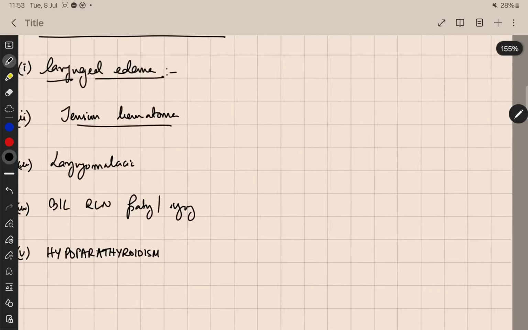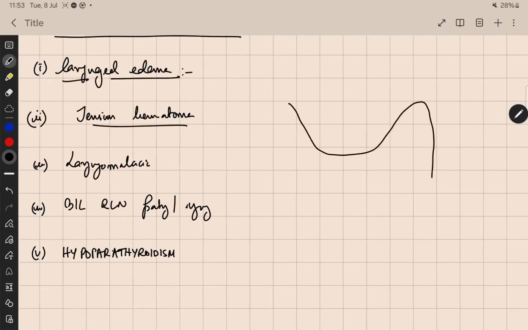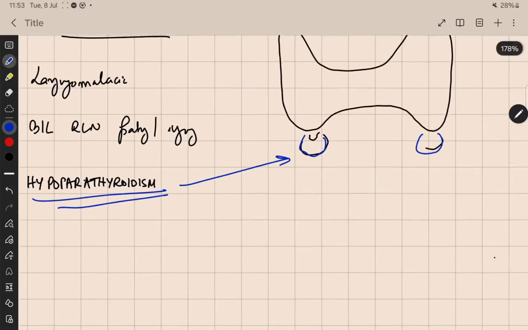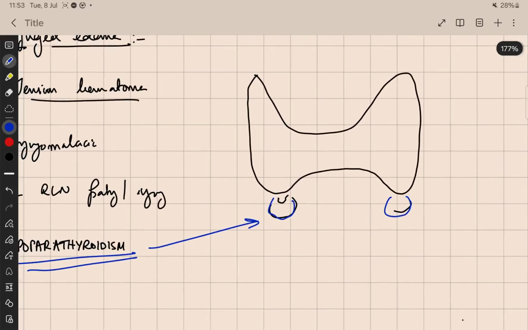So, parathyroid glands are located at the inferior pole of the thyroid. Okay. They can sometimes be confused with lymph nodes and can be dissected, which will cause hypoparathyroidism. Right. Suppose here there is the superior thyroid artery, and there is the inferior thyroid artery, which also gives branches to the parathyroid glands.